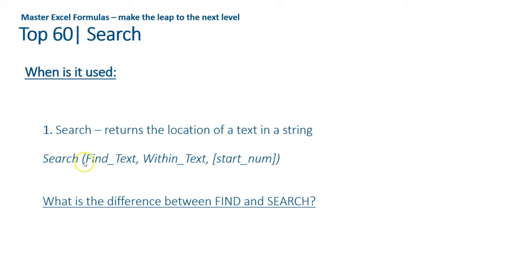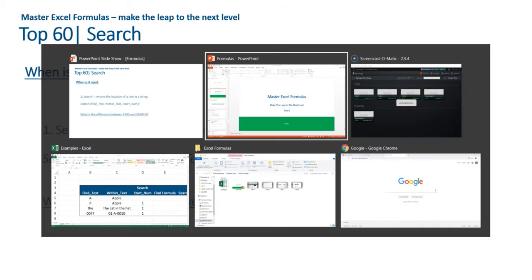But before that I just wanted to go through the structure of the SEARCH function. First of all we need to specify the text that we want to find, then within what text we need to find it, so that's our string, and the optional thing here is the starting number or starting position. Now let me give you an example.